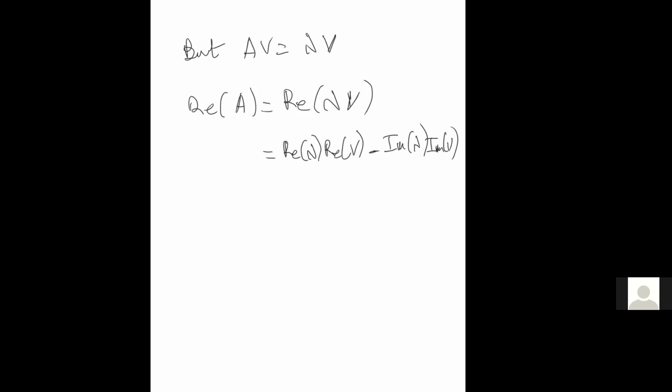So I get a V1 minus b V2. And in the same way, the imaginary part of AV is a V2 plus b V1, because it's the real part of lambda times the imaginary part of V plus the imaginary part of lambda times the real part of V. All right.